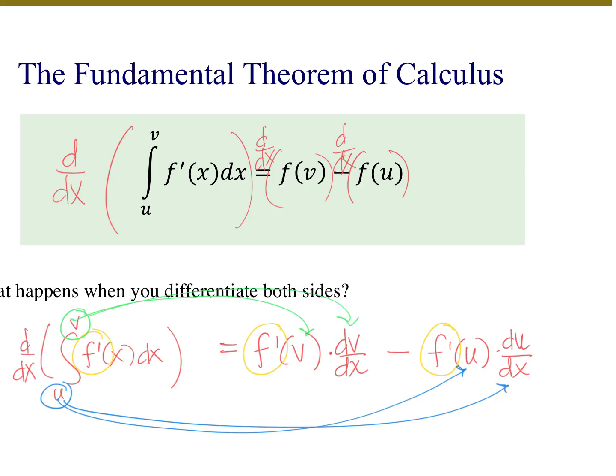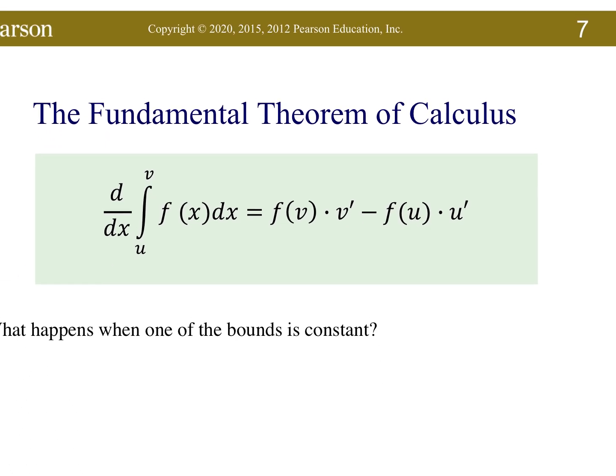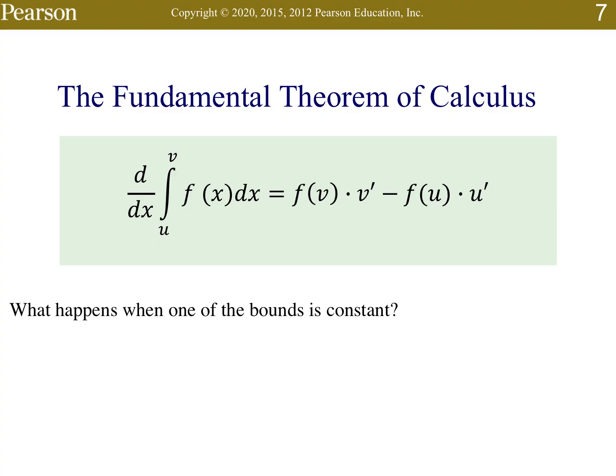It's the chain rule part that a lot of people forget when dealing with the derivative and an integral at the same time. So this is what you have, okay? The derivative of something that's defined as an integral is the original function with the bounds subtracted, but also the chain rule applied.